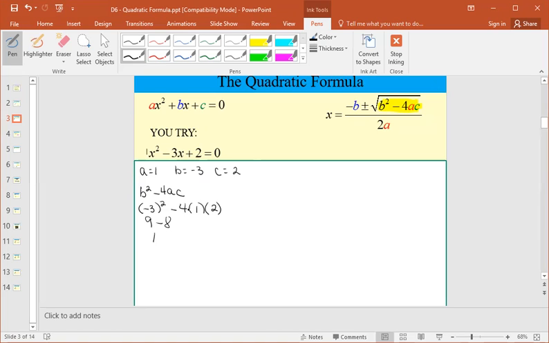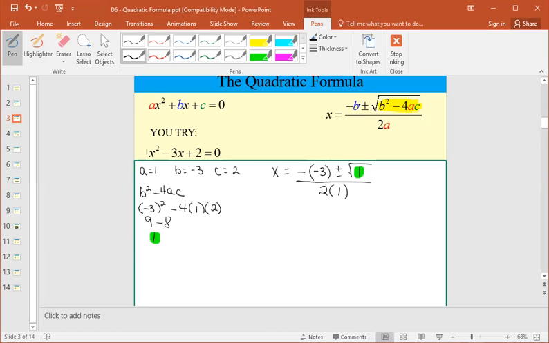Now I'm going to plug everything into the rest. So x is equal to the opposite of b. The negative stays, and then I substitute b here, plus or minus the square root of, and this is the number that gets plugged in, the one we just found, all divided by 2 times a, which is 1.